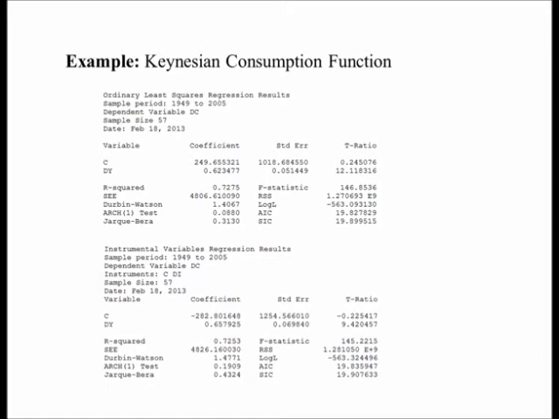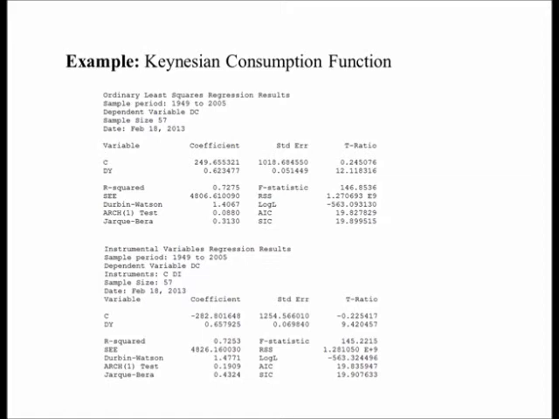I've estimated the regression equation again, and you can see that it has these properties that we talked about. First of all, it's made a difference to the slope coefficient, and we'd assume that this is now a consistent estimator because it satisfies these properties.